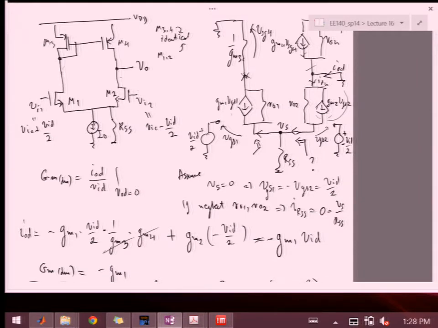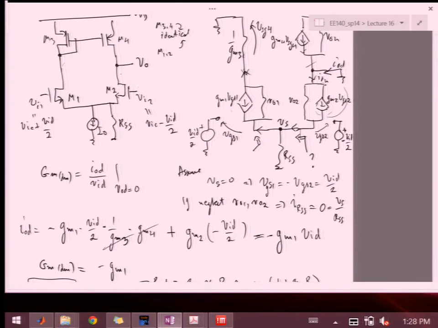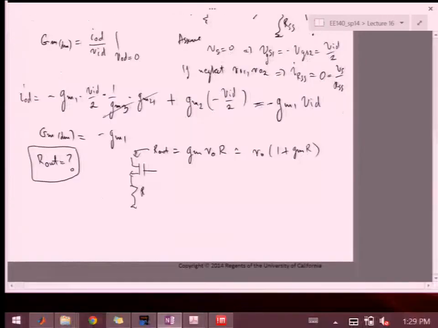When you look at the source of a transistor that is like common gate, what do you see? 1 over GM, right? So I would say, okay, there's something in the drain up there, but it's roughly 1 over GM, right? Okay. So that means that this would be RSS in parallel with 1 over GM.